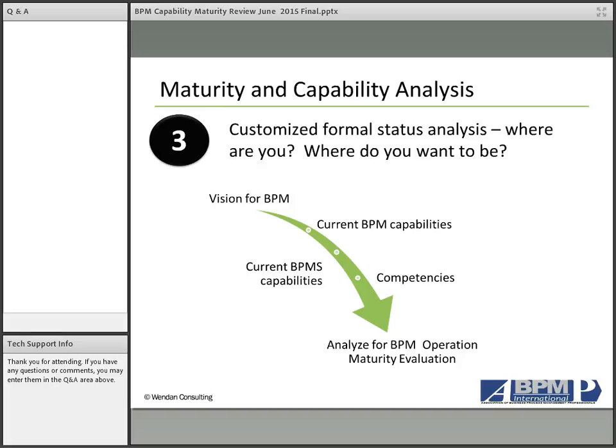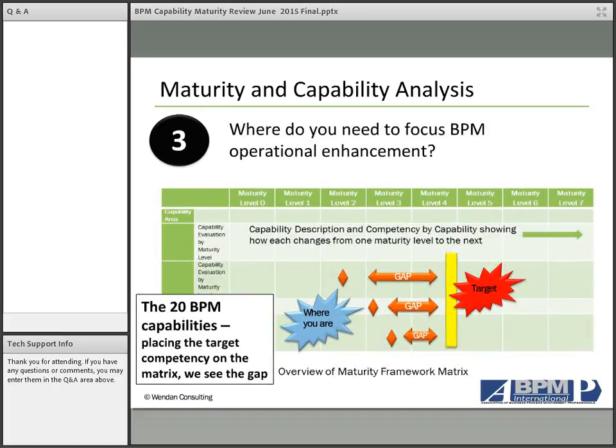And just like we do with our clients, we use very standard and rigorous methodologies to understand their current state and their as-is state and come up with recommendations to close the gap. What we're really doing, again, is applying the same rigor to our thinking with regards to, well, where do we see BPM and BPMS today, and how can we become much more of a strategic asset for our organization, and then how do we receive the funding to be delivering at a completely higher level.